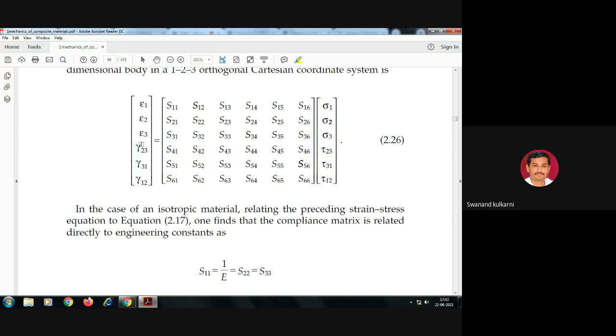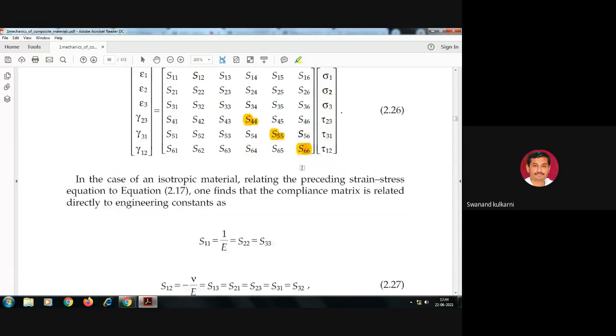First of all, this S44, then S55, then S66. Is it okay? See, try to understand here. S44, S55, and S66, how these three elements are here on this particular line.